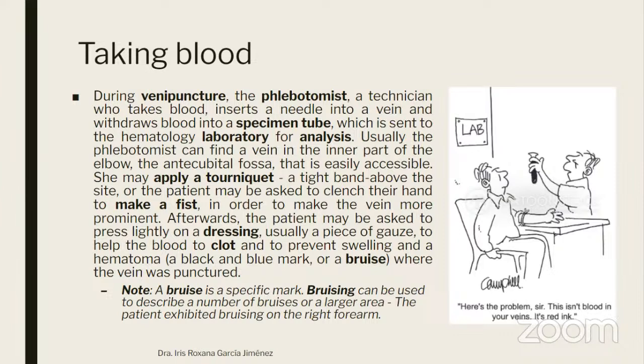We know it as a black and blue mark or a bruise where the vein was punctured, okay? A bruise is a specific mark. Bruising can be used to describe a number of bruises on a larger area. The patient exhibited bruising on the right forearm, for example, like this guy, right?